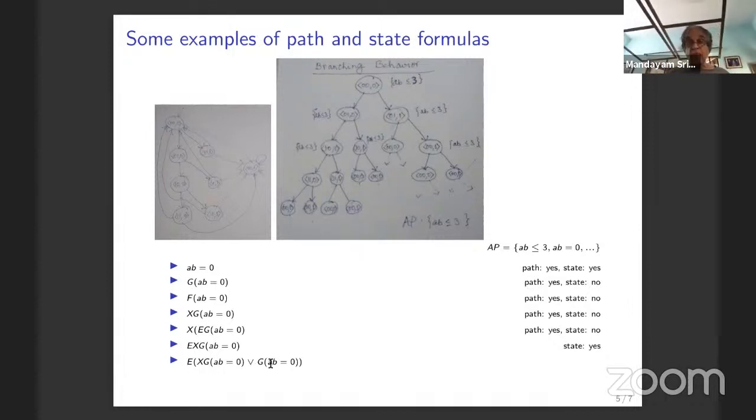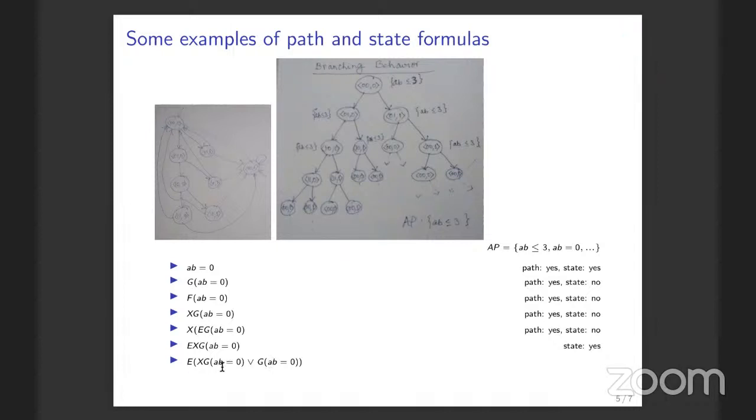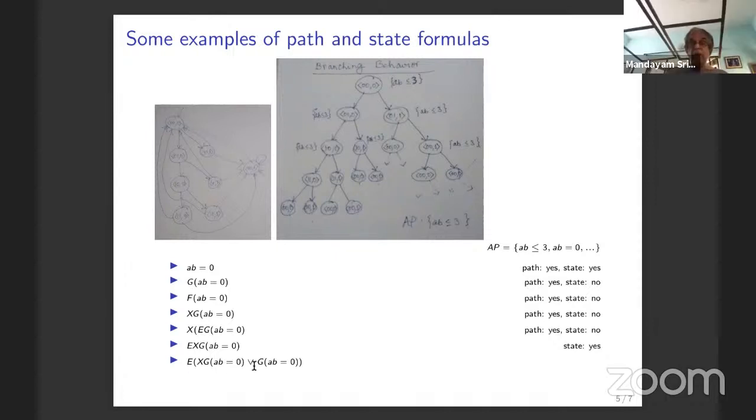Therefore, if it's a path formula, the first component, which can be a state formula, can also be a path formula. Your rules say you can take a disjunction of two state formulas or two path formulas. So this is well formed only if you interpret the first part as a path formula, since the second component is necessarily a path formula. No, this is actually wrong.